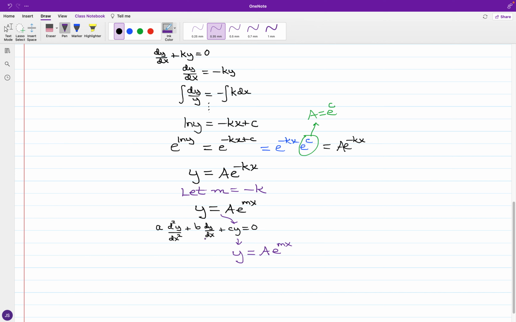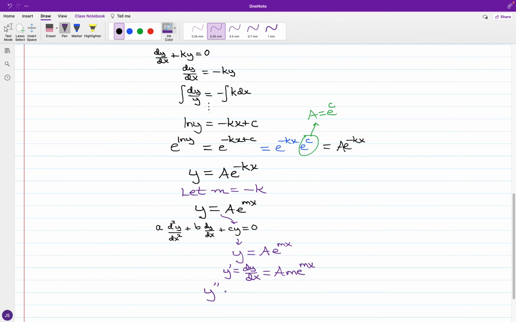For the first order derivative, we have y prime equal to dy over dx, and that is going to be a times m times e to the mx.